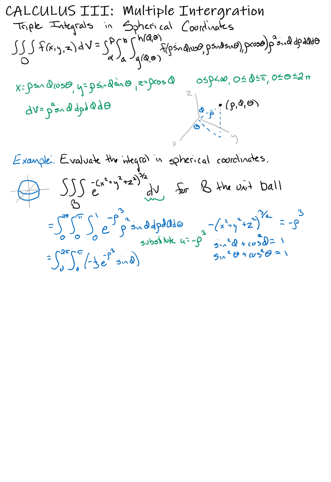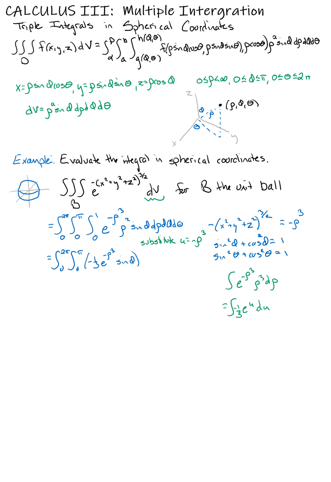So again, notice we're integrating e to the negative rho cubed times rho squared d rho. Just integrate this using that u substitution, which we would write as the integral of e to the u du. Make sure you set it up properly and you'll be fine. Again, you end up getting that negative 1/3 as a coefficient.